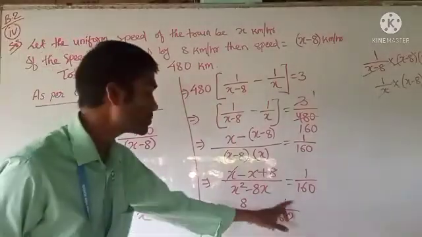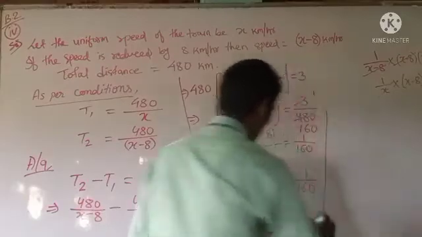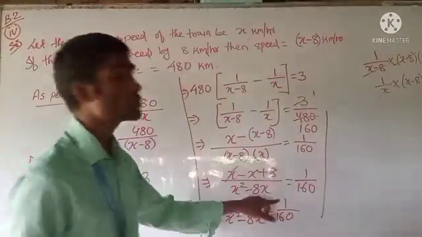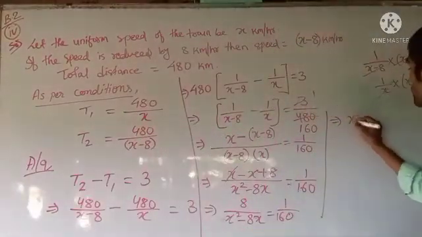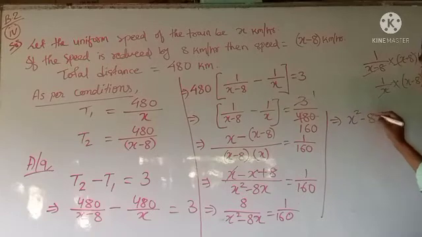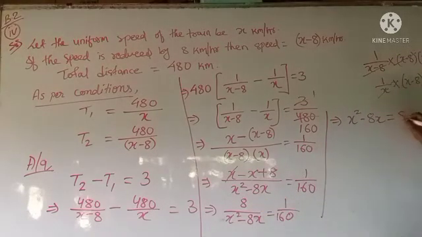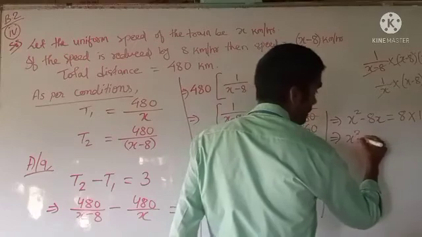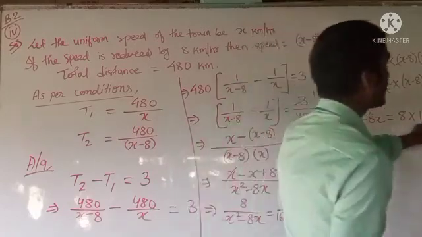Now we will cross multiply them and solve it. So x squared minus 8x will be multiplied with this one, and we get x squared minus 8x is equal to 8 into 160.